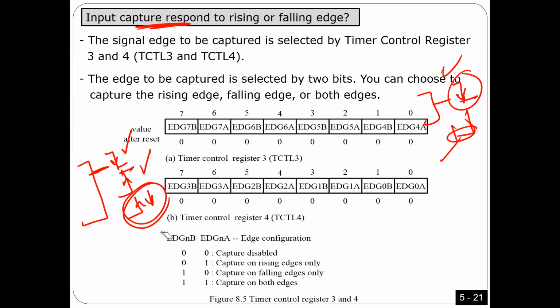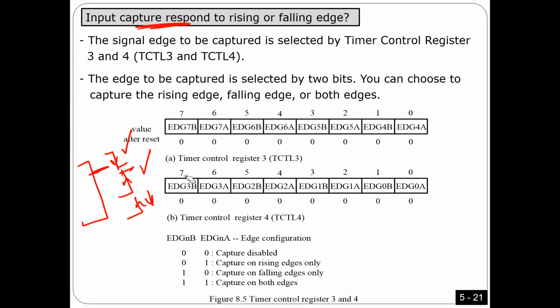Now we have 4 selections. That means I need 2 bits, because the number 4 can be represented in 2 bits. For every channel, I need 2 bits to select a number from 0 to 3. That's exactly what we did.